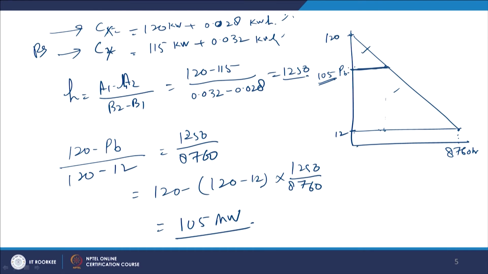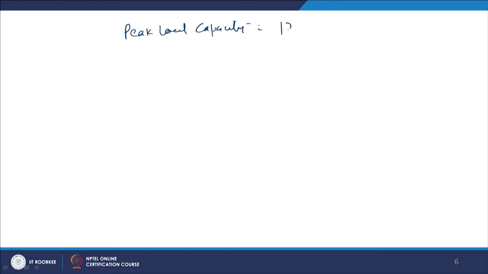Now, the installation capacity of the other system, the peak load plant, is 120 minus 105, which is equal to 15.